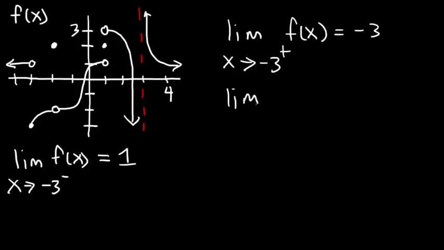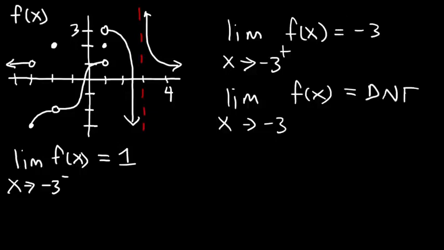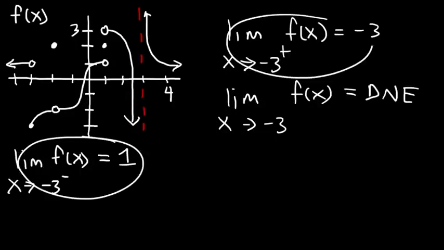Now what about the limit as x approaches negative 3 from either side? If the left-sided limit and the right-sided limit are not the same, then the limit does not exist. These two are known as one-sided limits.